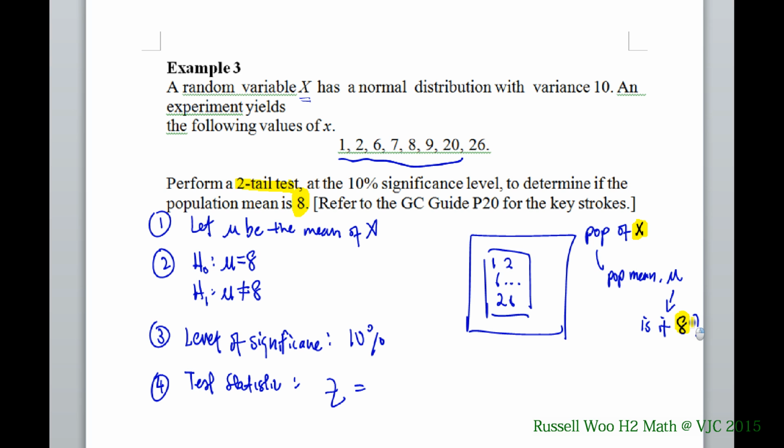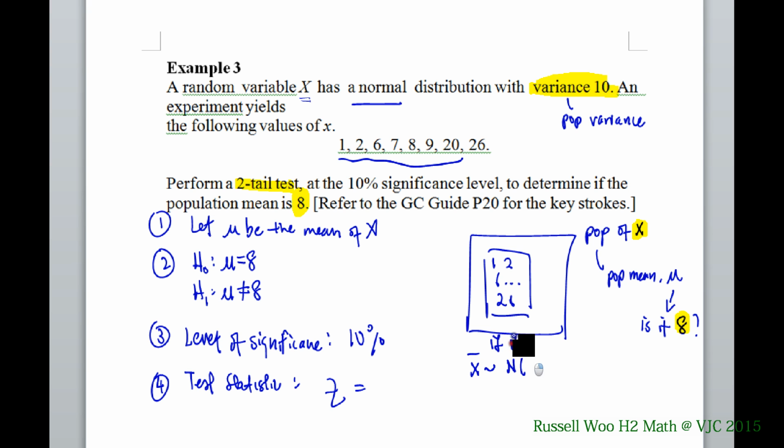If the mean is indeed 8, then X bar should follow a certain distribution, because typically in this case you are given the population variance. If you know the population variance, if H0 is indeed true, then X bar should follow a certain distribution. Follow? Okay, because X follows a normal distribution, X bar should follow a normal distribution.